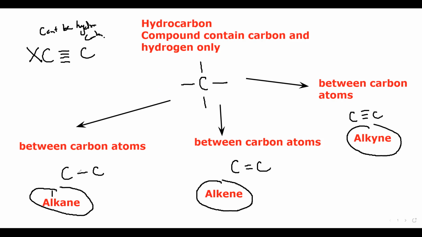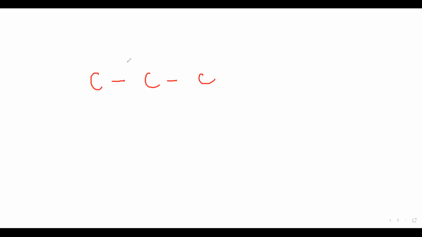If there is a single bond, we call it alkane. If there is a double bond, we call it alkene. If there is a triple bond, we call it alkyne. So you can see a single bond between the carbon atoms. So this is called alkane, A-N-E.